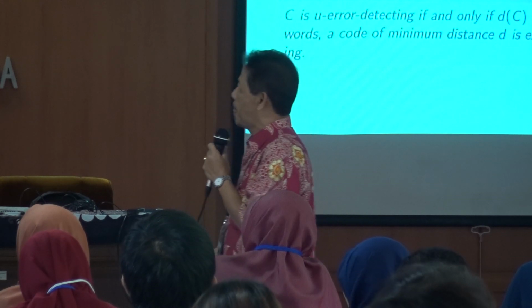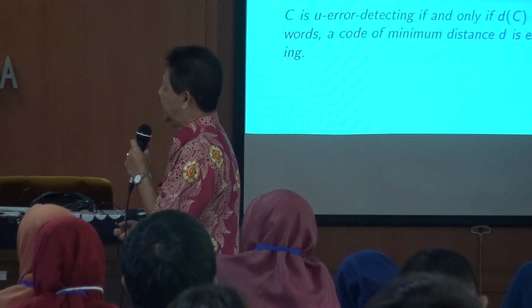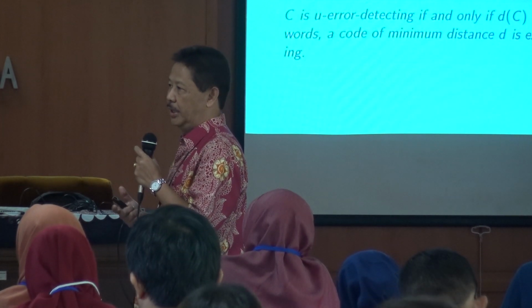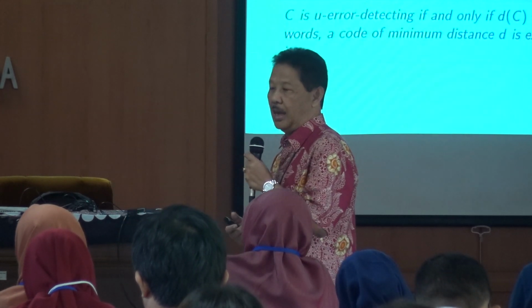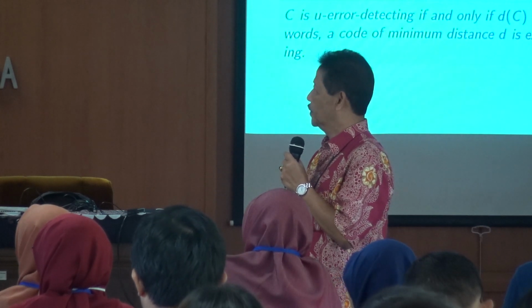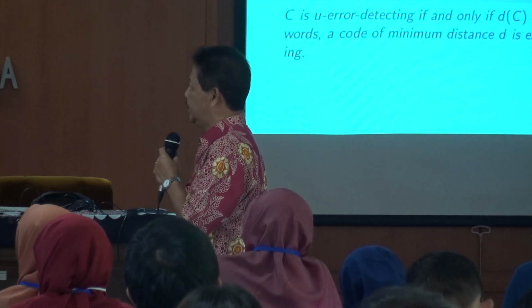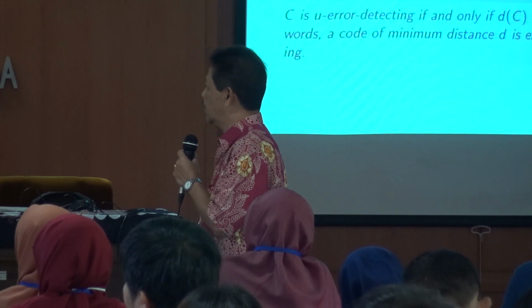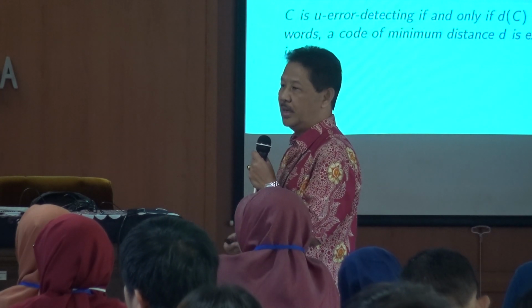So this code is capable of detecting up to u errors introduced by the channel. And C is exactly u-error detecting if it is u-error detecting but not (u plus 1)-error detecting.